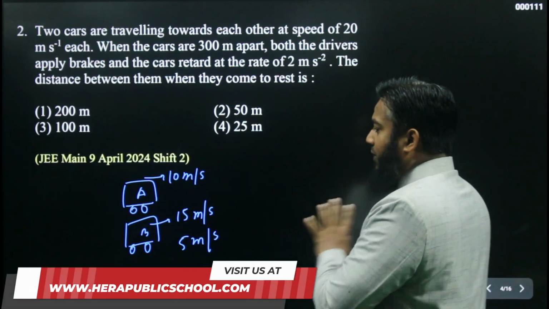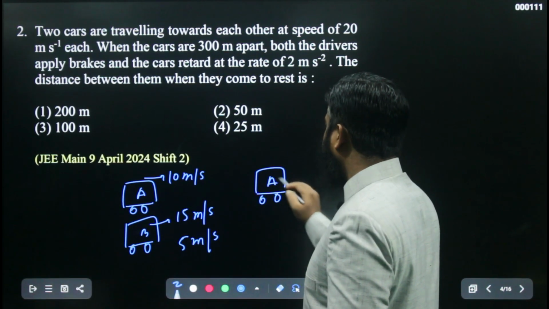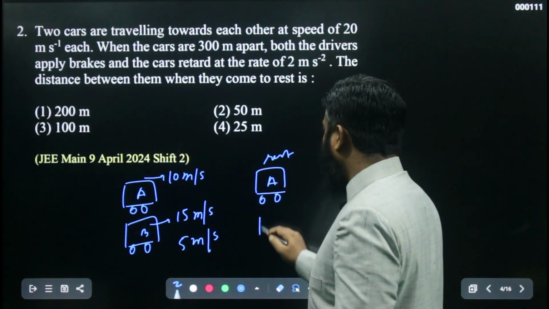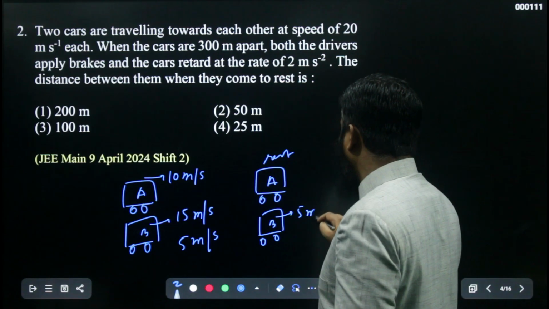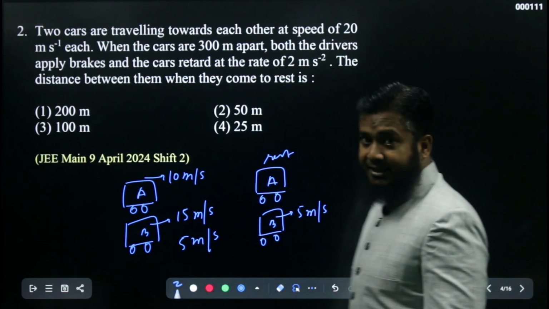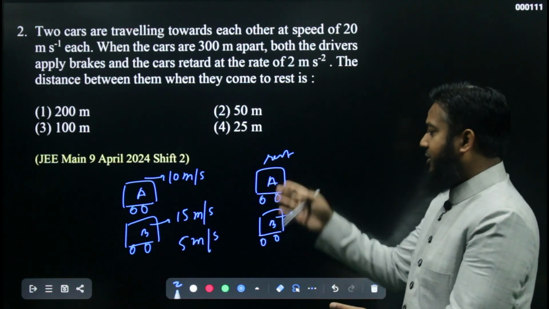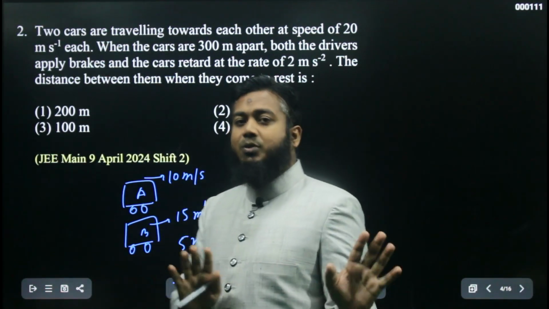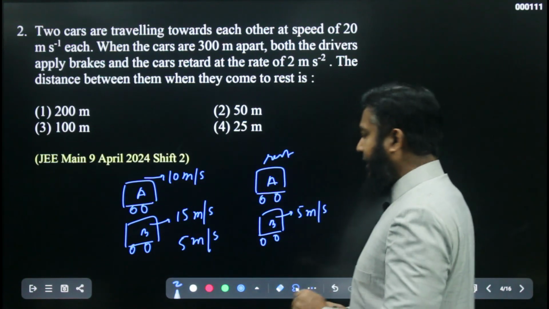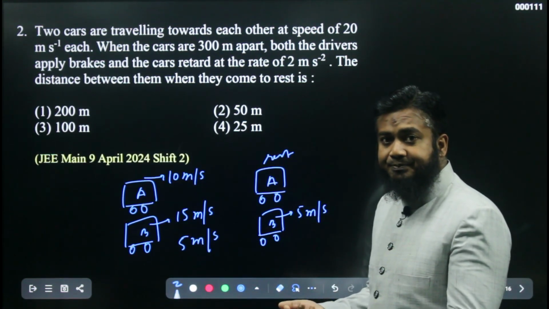Okay. Now suppose the situation when A is at rest, and the car B is now moving with speed 5 meter per second. So in this situation, the velocity of car B with respect to A is simply 5 meter per second, and in the earlier situation, it is also 5 meter per second. Now, aren't these two cases the same?